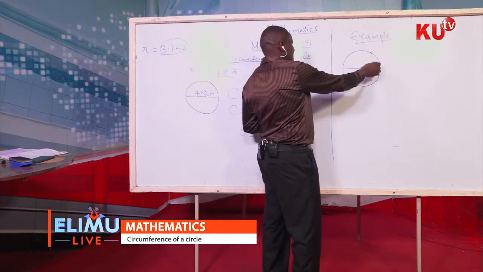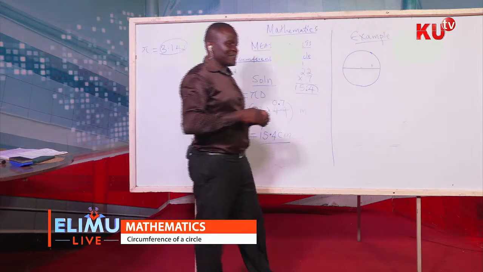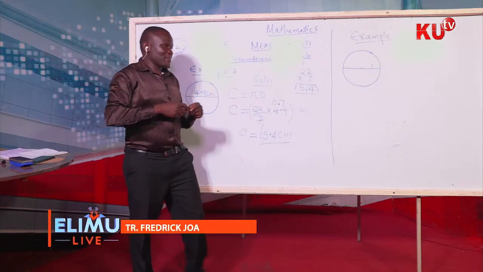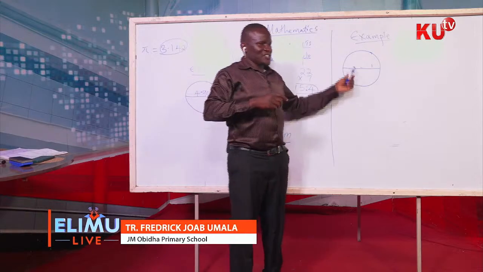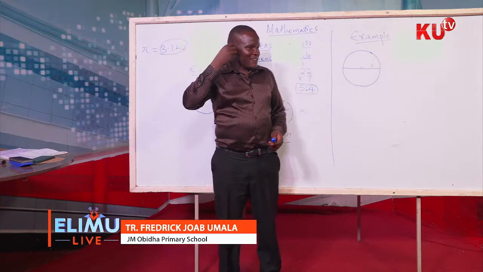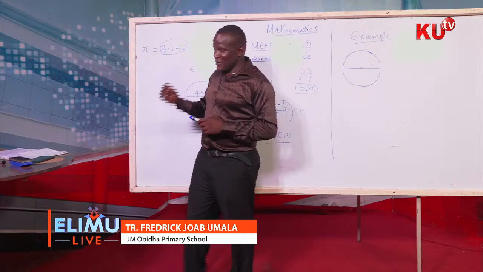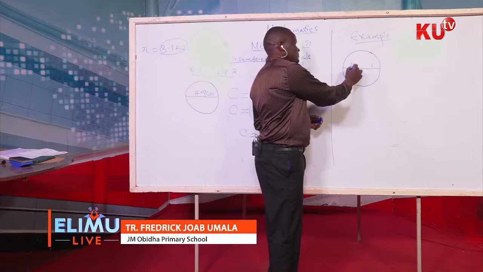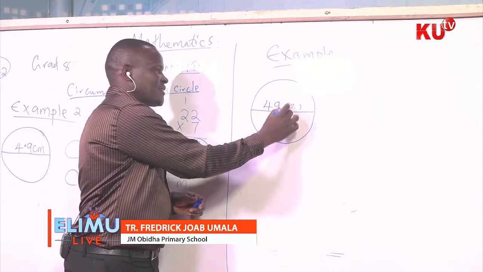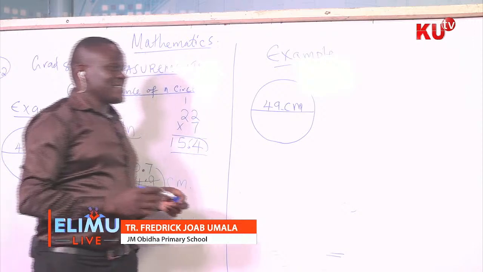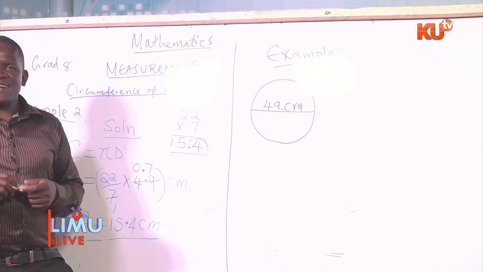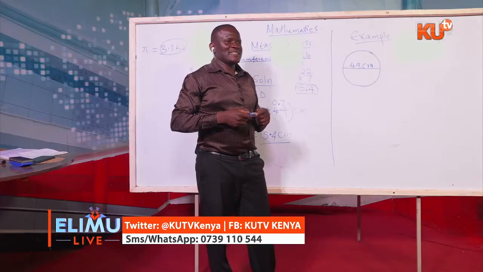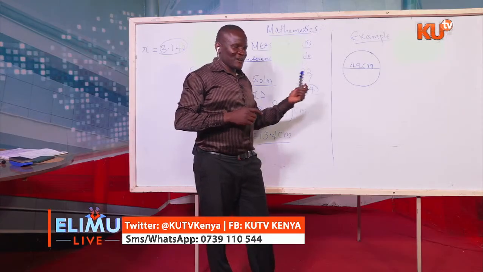So we have our wheel there. Our wheel is circular in shape. So we are given the diameter of the wheel to be 49 centimeters. We are expected to calculate the circumference of the wheel.